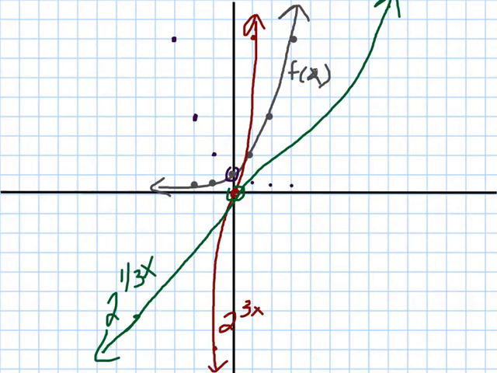Notice what happens between this purple line and the gray line. I want you to pay attention to the purple line and the gray line and see what the difference is between the two.